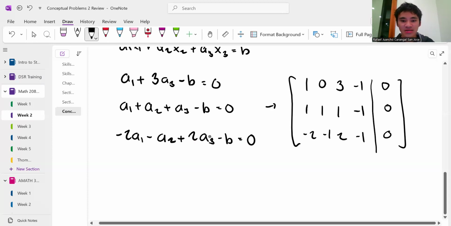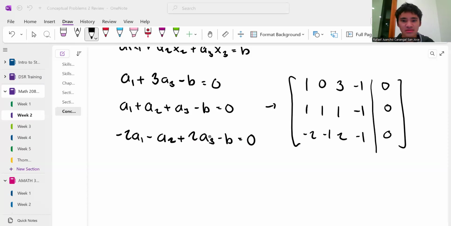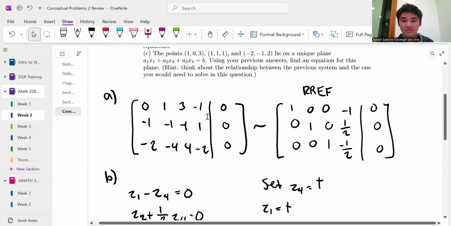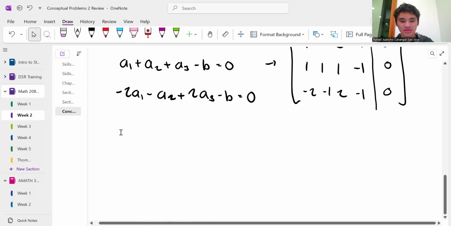Right? So that's the matrix. Now we want to compare these two guys. Let's actually do that.